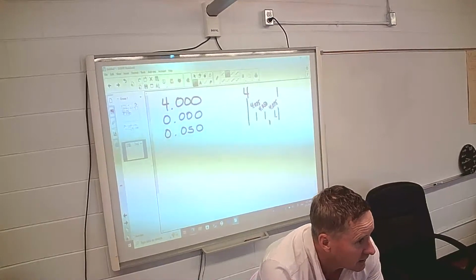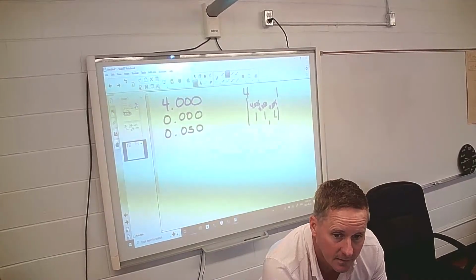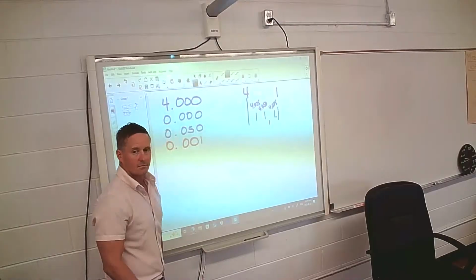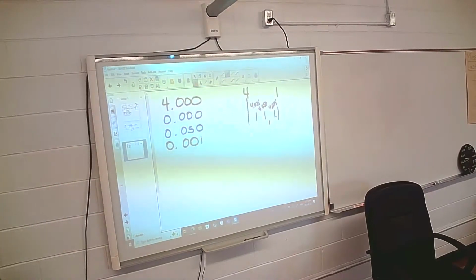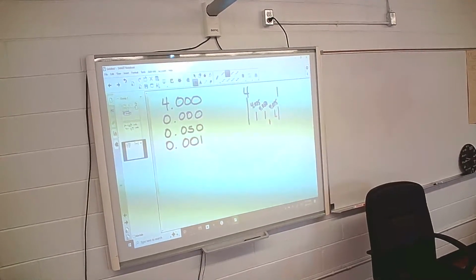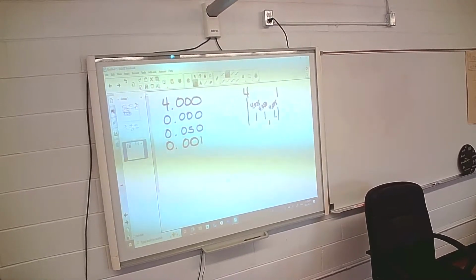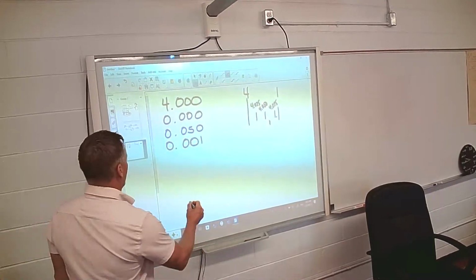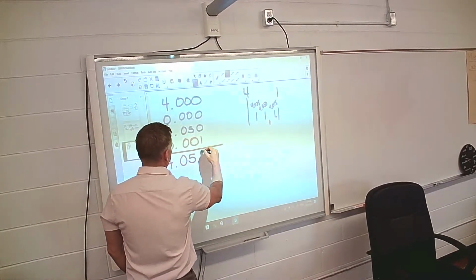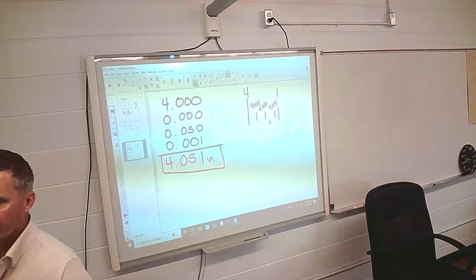Anybody want to take a guess at it? First one. Yeah, I agree with you. I think it's the first tick. So that tick represents this. Those ticks on the sliding scale are now 1/1000th of an inch. Okay. So what is the actual measurement that guy is giving us? .051 inches.